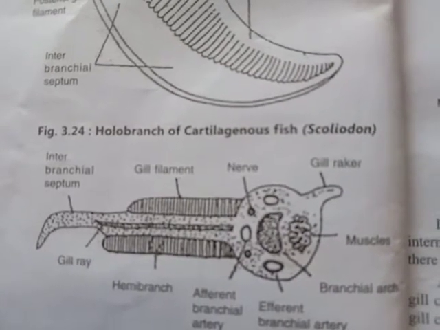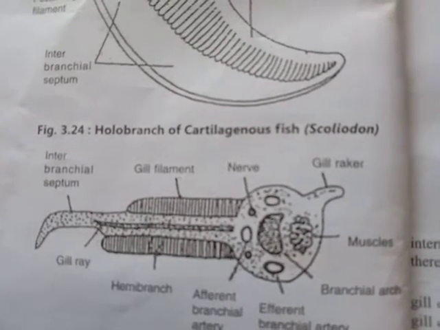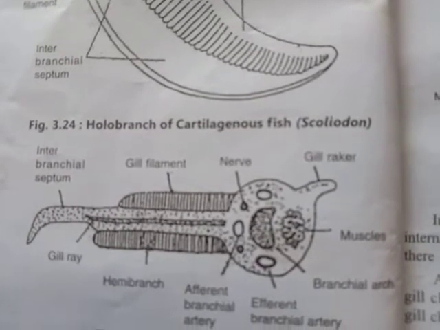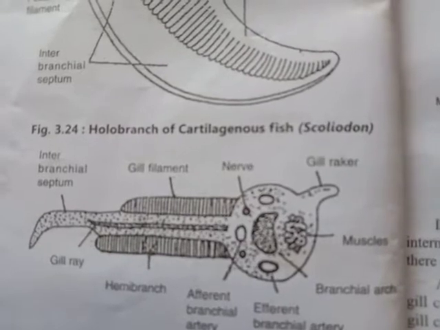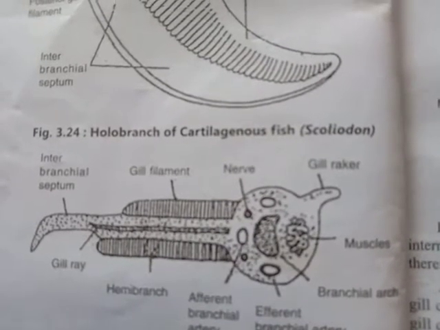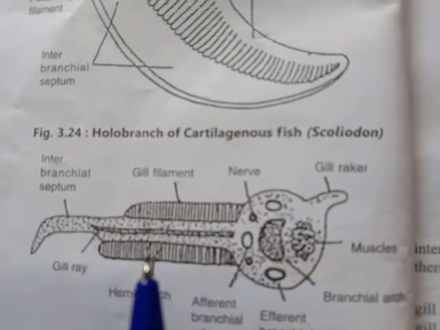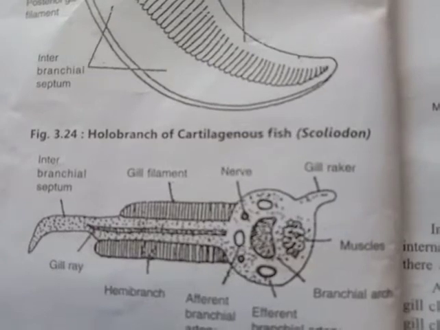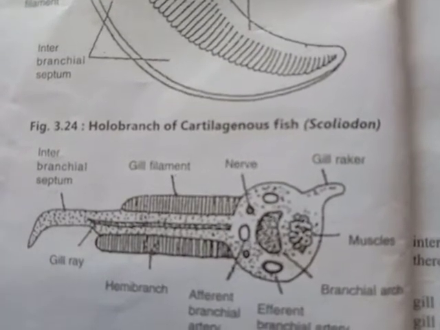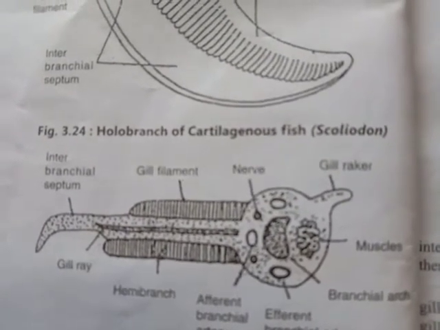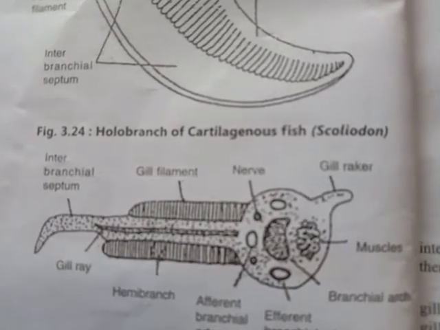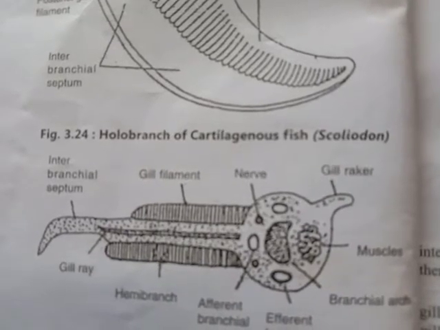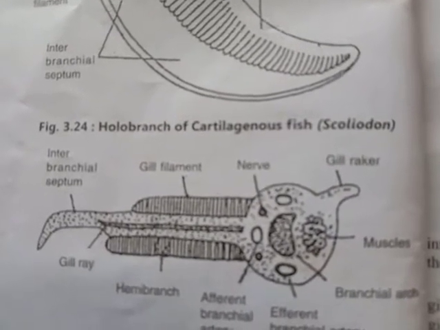The endodermal mucous membrane of a septum is raised into numerous horizontal leaf-like folds called gill filaments or gill lamellae. The interbranchial septum bears 2 sets of gill filaments, one on its anterior face and the other on its posterior face.